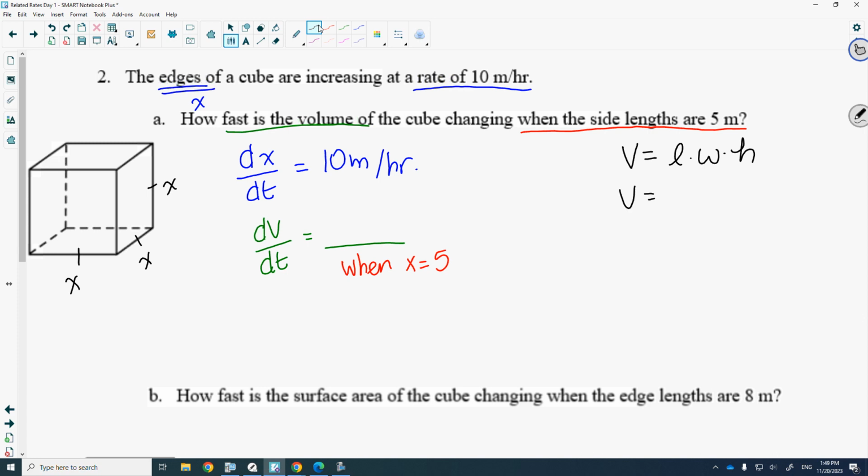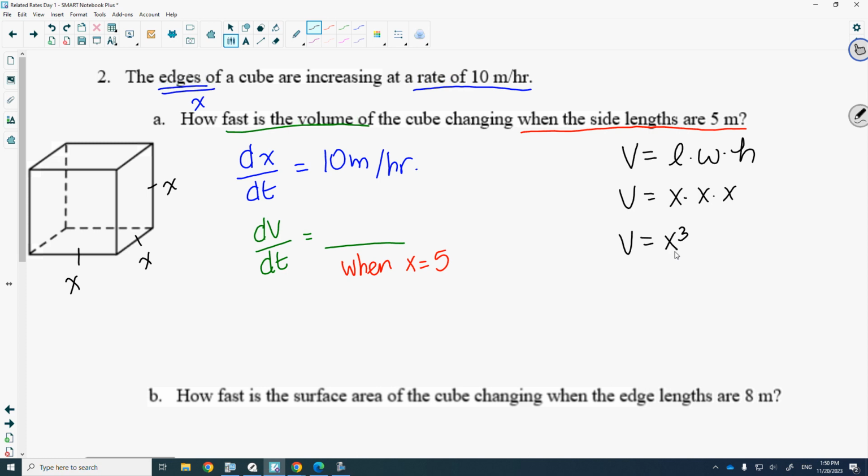Now change that according to what we have our length, width, and height to be. So what would the volume of this cube be? Length is x times width is x times height is x. So x times x times x, what would that be? x cubed.